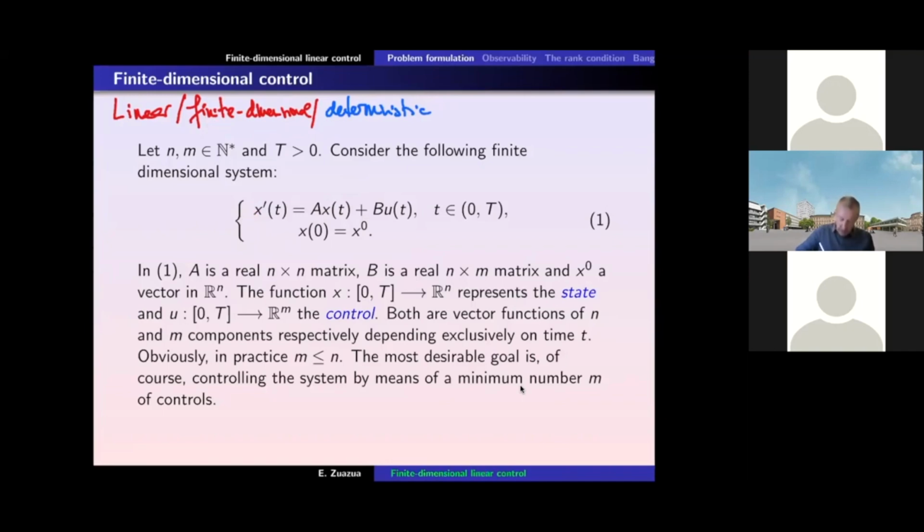But as I said the other day, when you are looking, for instance, at the propagation of heat in a building, where you have a finite number of offices, you could adopt the point of view of a very complicated heat equation in a three-dimensional domain occupied by this building.